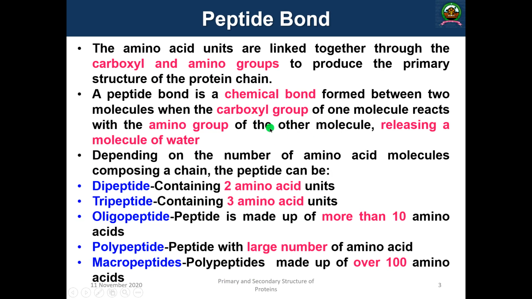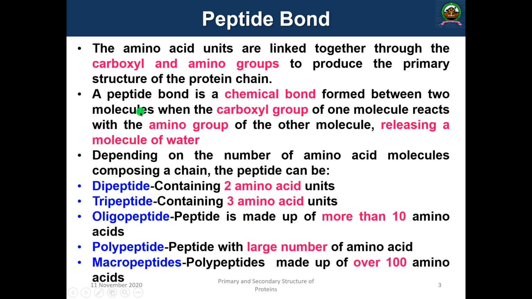Now I told you the most important stabilizing factor of a polypeptide is the peptide bond. Peptide bonds are the bonds that connect the long polypeptide chains. The amino acid units are linked together through the carboxylic acid group and amino group to produce the primary structure of the protein.